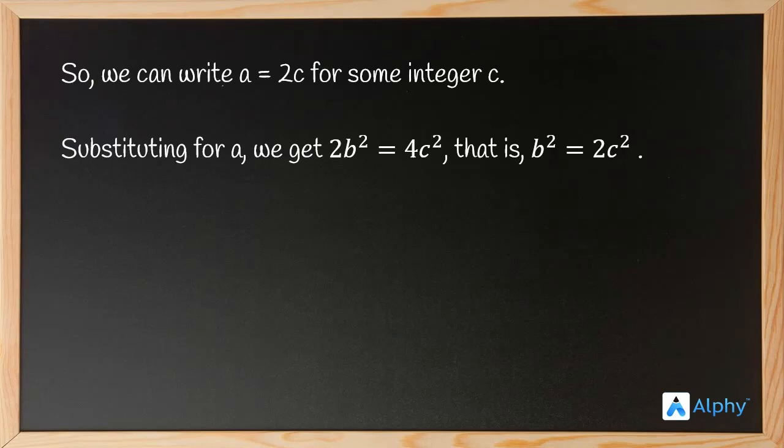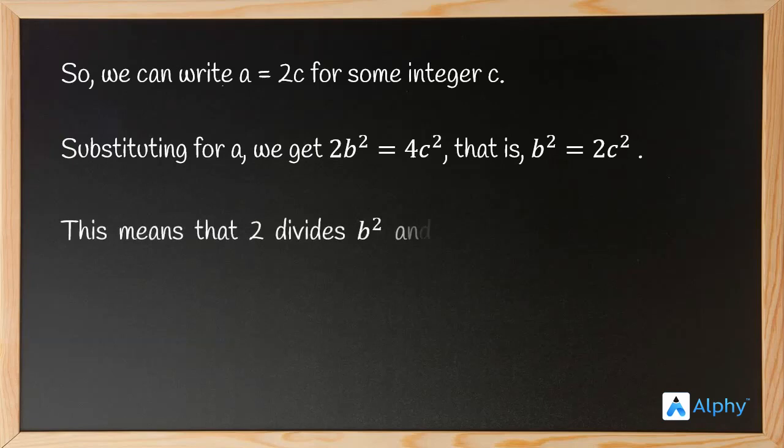So when we substitute in the equation 2b square is equal to a square and we put the value of a square as 4c square, we get this equation, and from here we reach b square is equal to 2c square. So now this is all very similar to the equation 2b square is equal to a square. So let's see what we can infer from this equation.